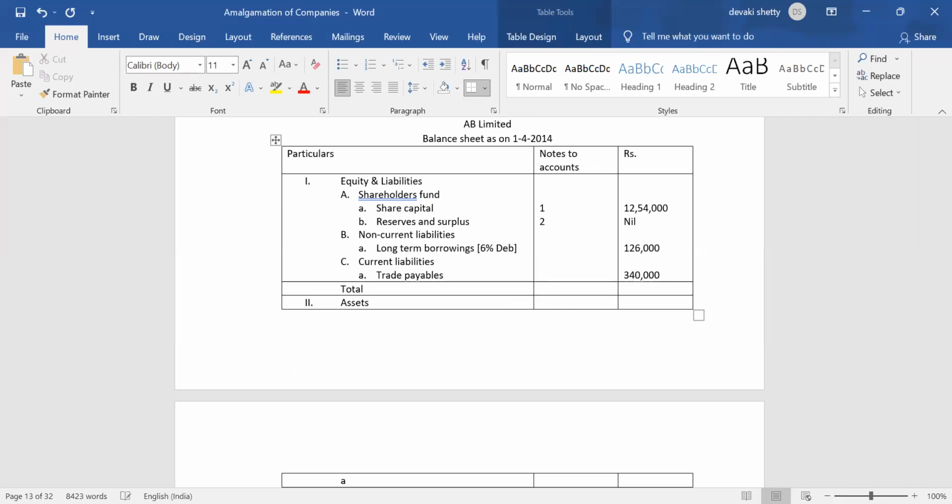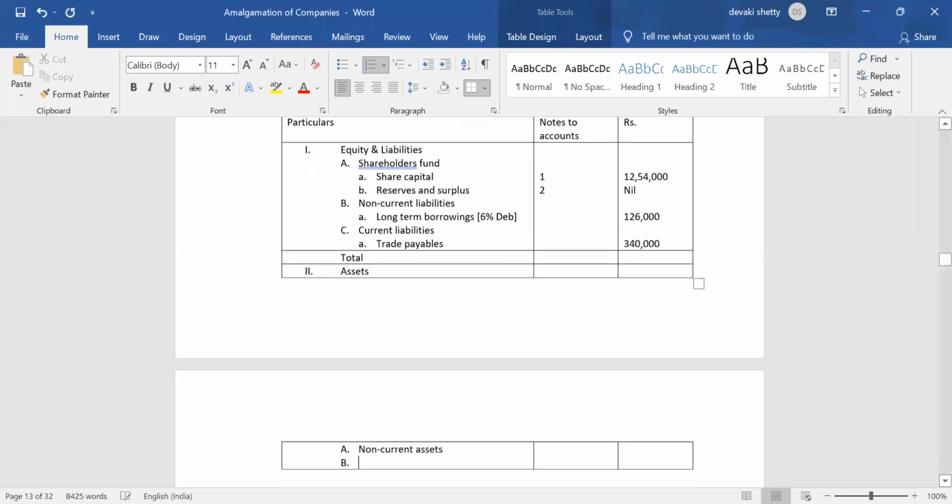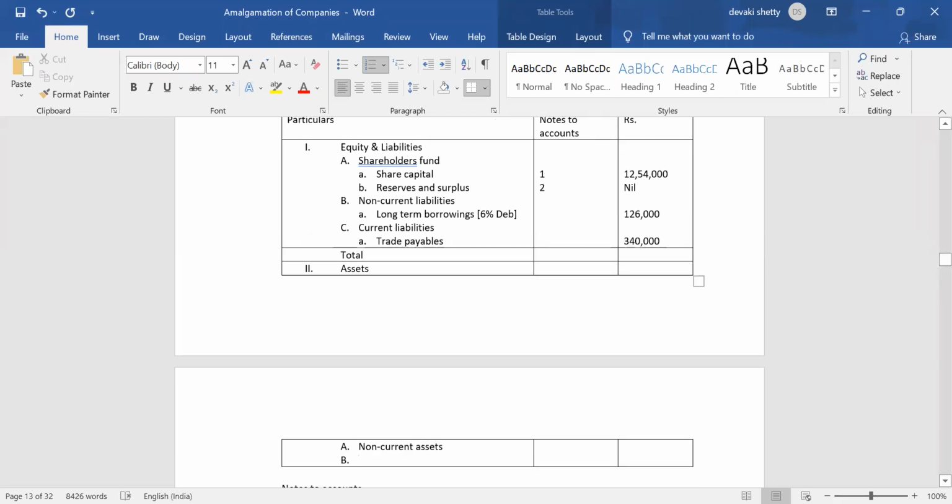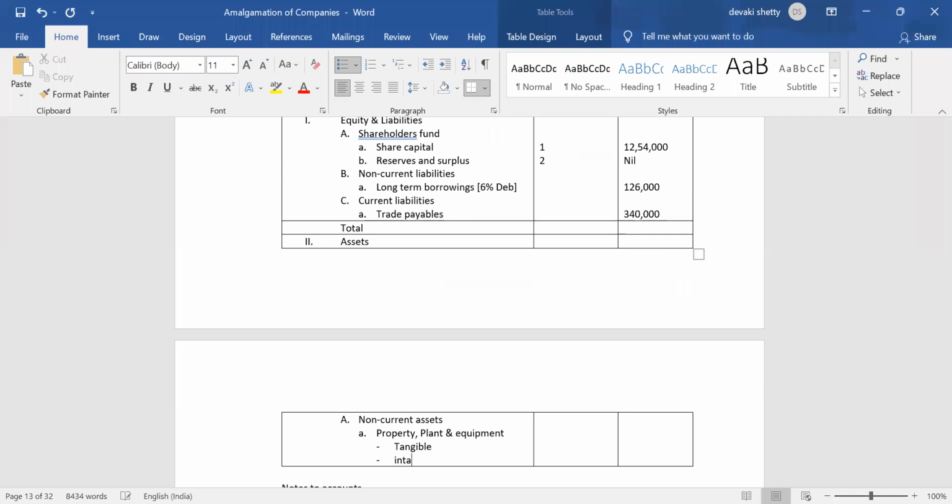Asset दो टाइप का, non current assets and current assets. So here non-current asset में we will write property, plant and equipment. दो टाइप का we want, tangible, intangible.